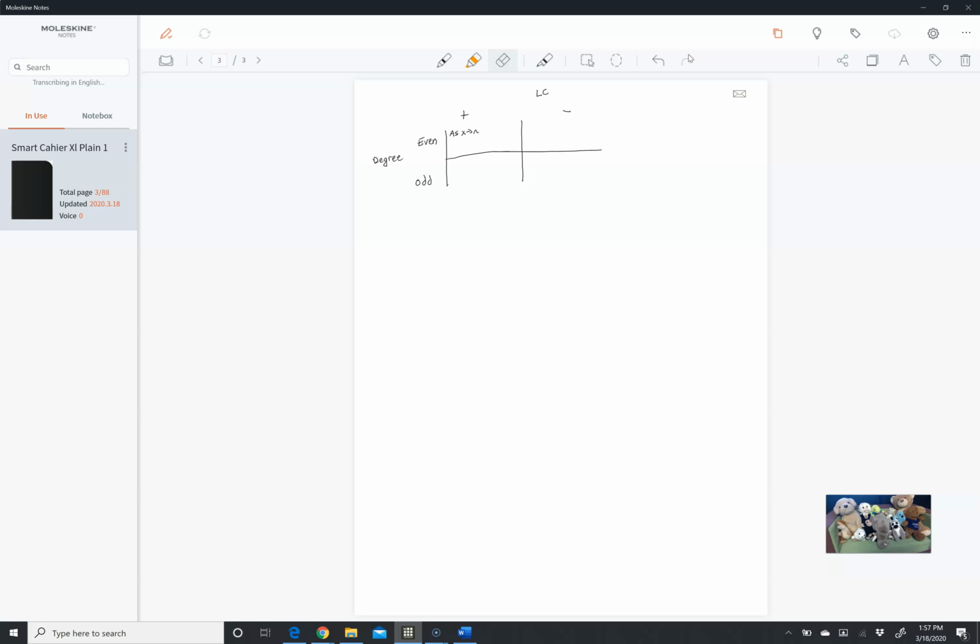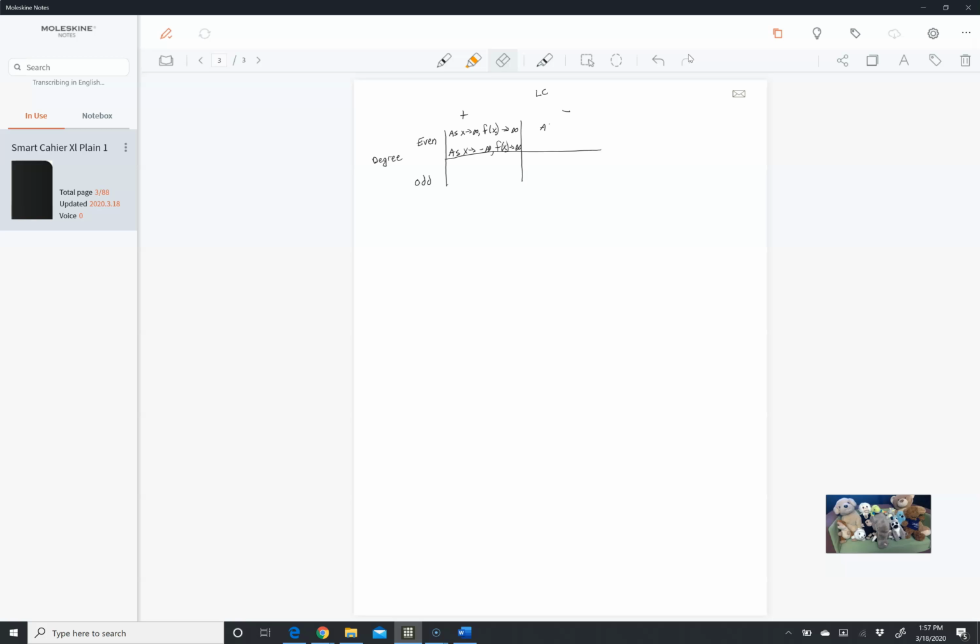As we go to the right, we rise. As we go to the left, we also rise. Okay, an even degree, if it's negative, they're both doing the same thing, but it's the opposite.